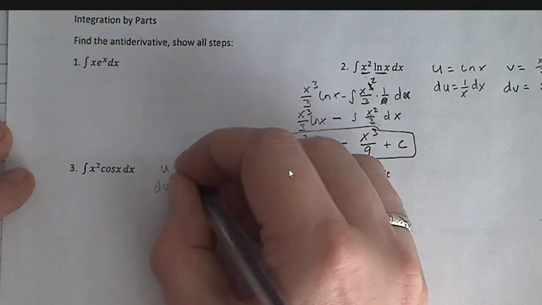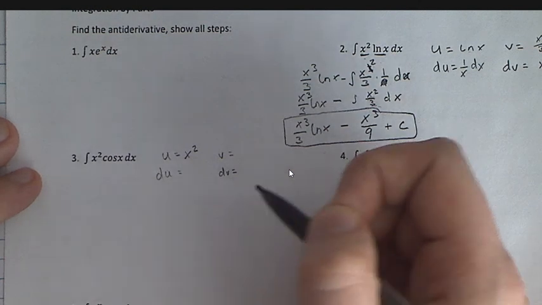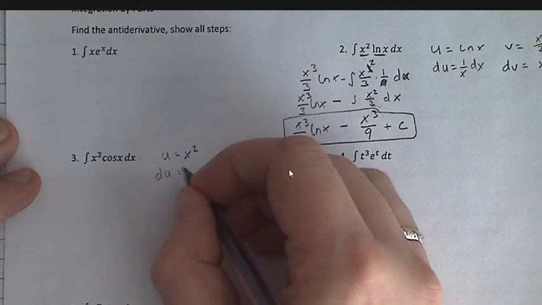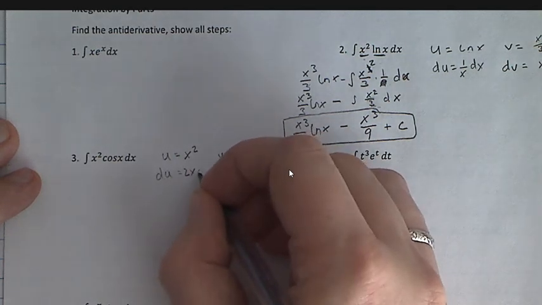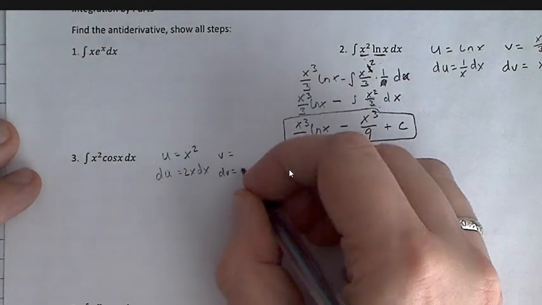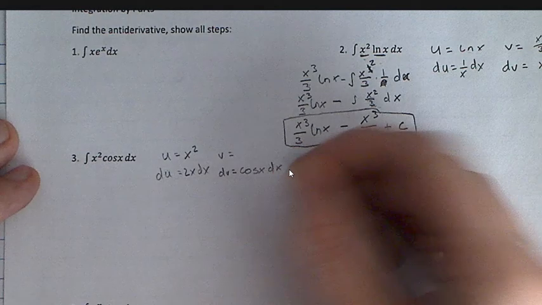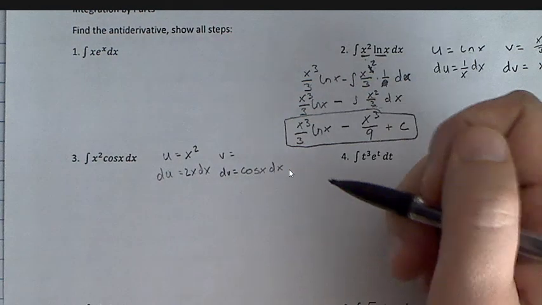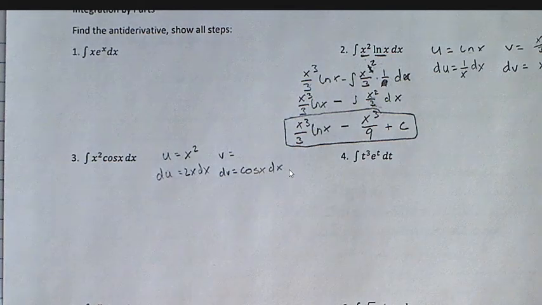So x squared is u, and then what does that make du? 2x dx, and then dv is cosine x dx, and that means v is the antiderivative of cosine x, which is sine x.